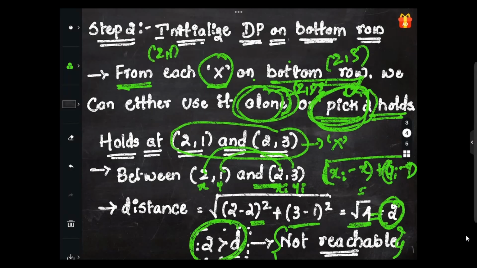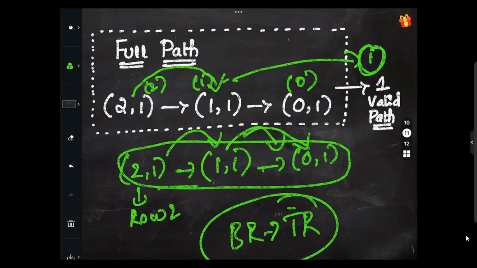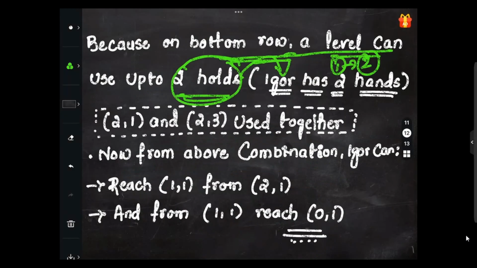Now we will use 2 comma 1 and 2 comma 3 at a time. We'll be picking 2 holds at a time. So that's what we'll be doing here: 2 comma 1 and 2 comma 3 when used together.